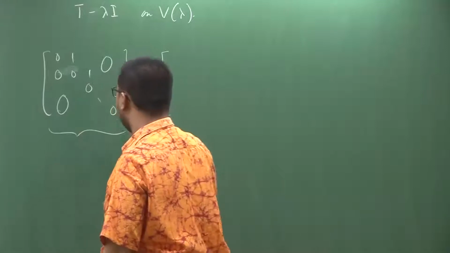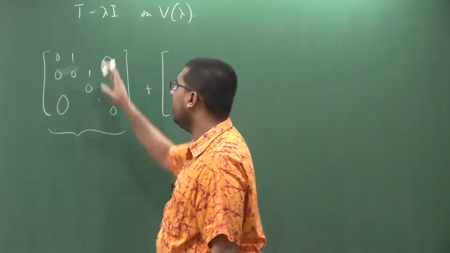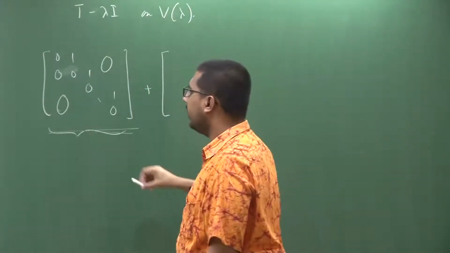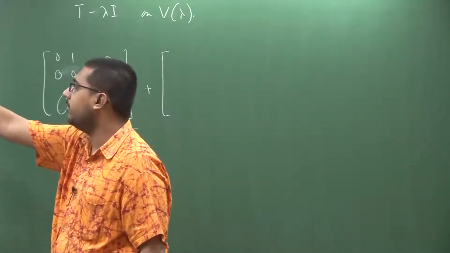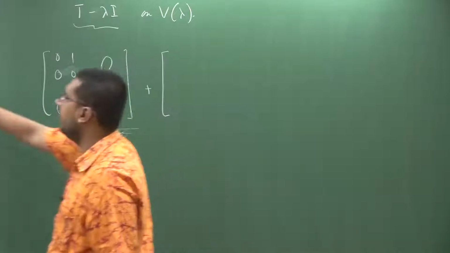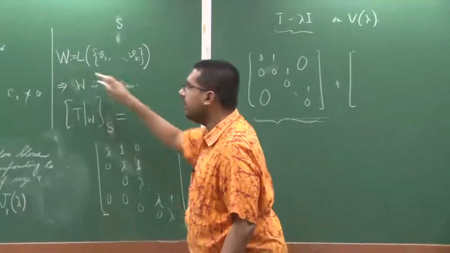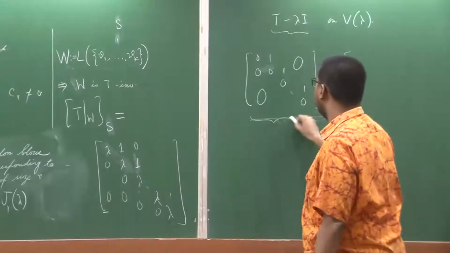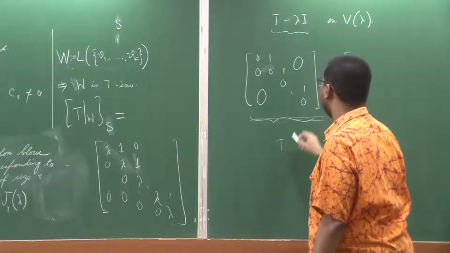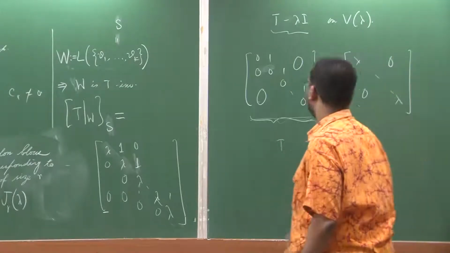Suppose I find a Jordan string, and we define W like this. Then on W, the matrix of T minus lambda I is going to be this, and naturally on W the matrix of T is going to be nothing but this.